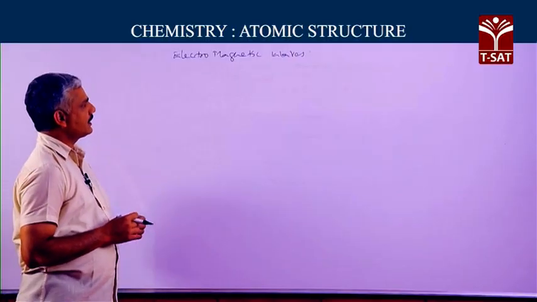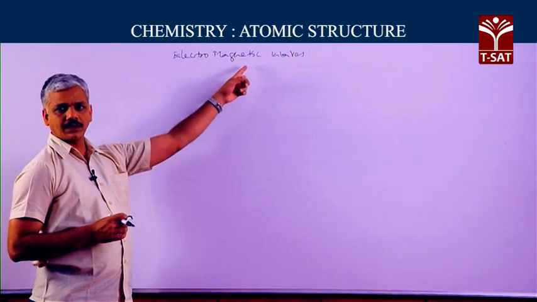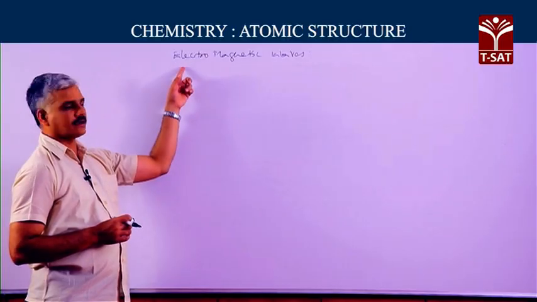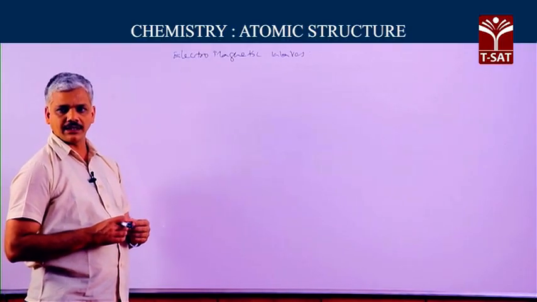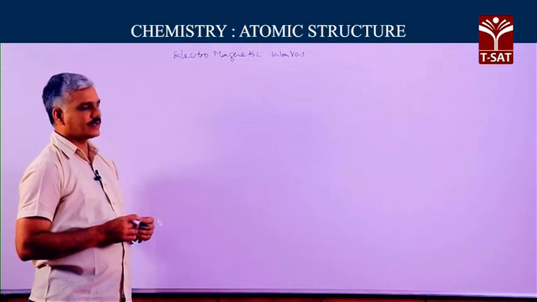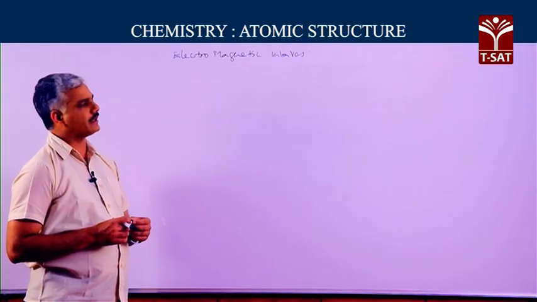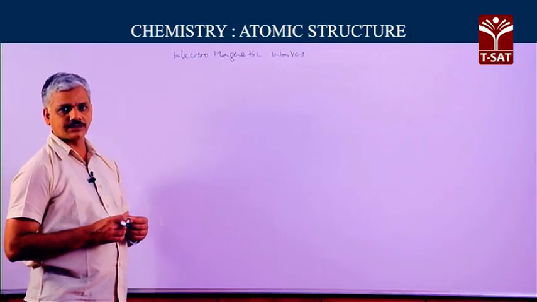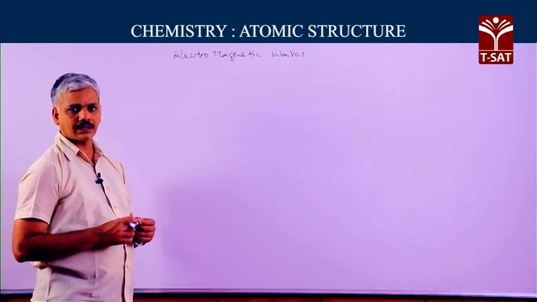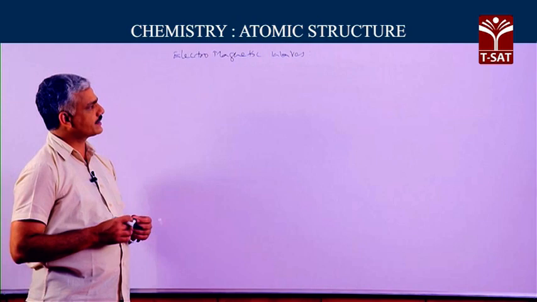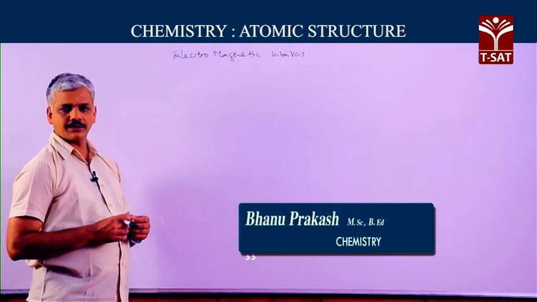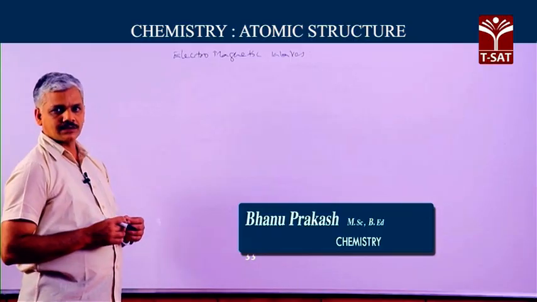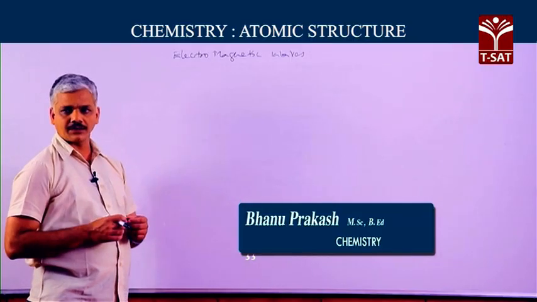As the name indicates, it consists of two components. One is called oscillating electrical field and another one is called oscillating magnetic field. Both these components are present in perpendicular directions to one another, and they are perpendicular to the direction of movement of the wave also. To visualize the electromagnetic wave, you can make use of Fleming's left hand rule.